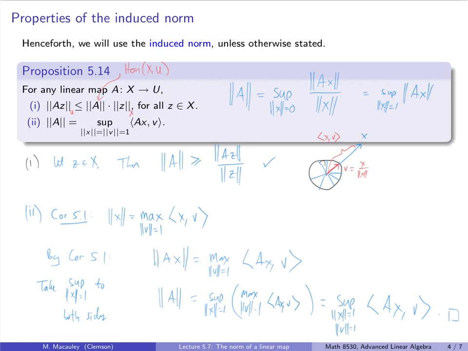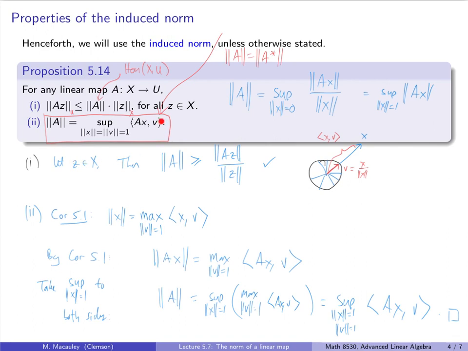Now before we move on, let me say a couple words as to why we even bother to prove something like this second part. And that's because what we will do on the next slide is prove a proposition, and part of that we will show that the norm of A equals the norm of the adjoint. Now think how hard it would be to prove something like this using this definition of the supremum, because A goes from x to u and A star goes backwards from u to x.